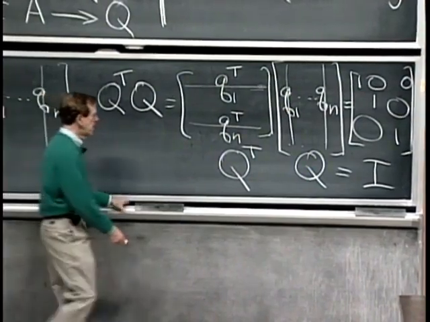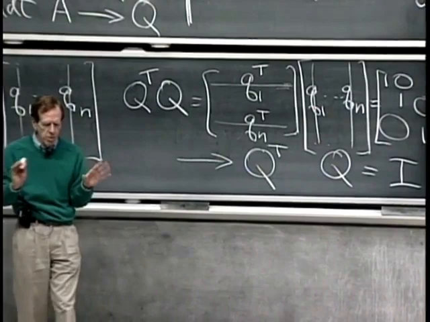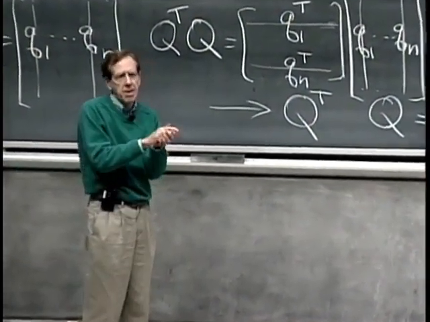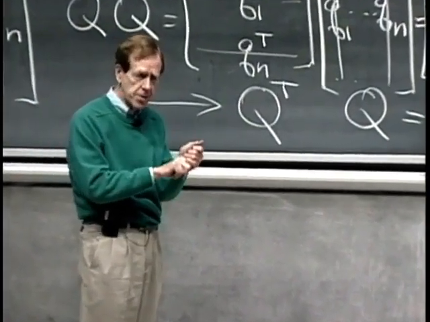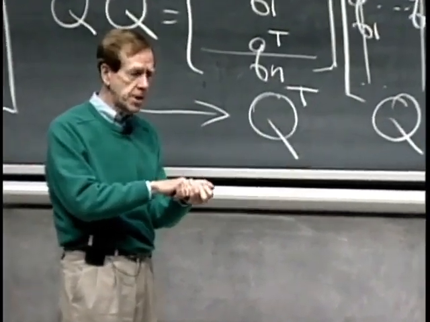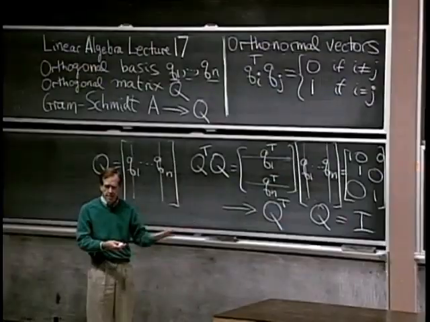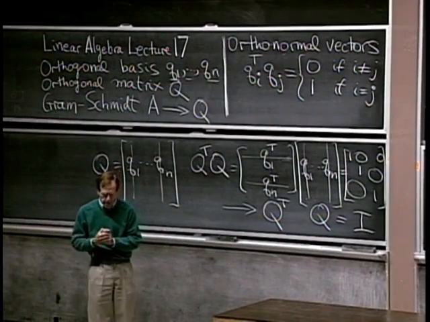Okay, so now we have a new bunch of important matrices. What have we seen previously? We've seen in the distant past triangular matrices, diagonal matrices, permutation matrices. That was early chapters. Then we had row echelon forms.